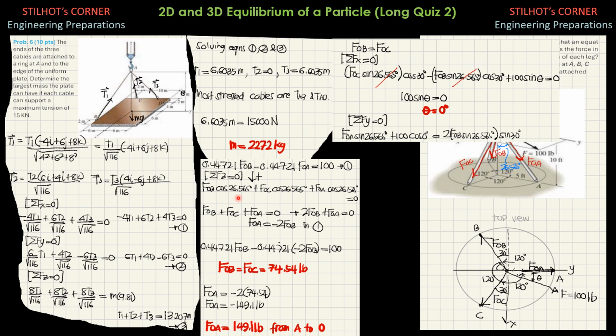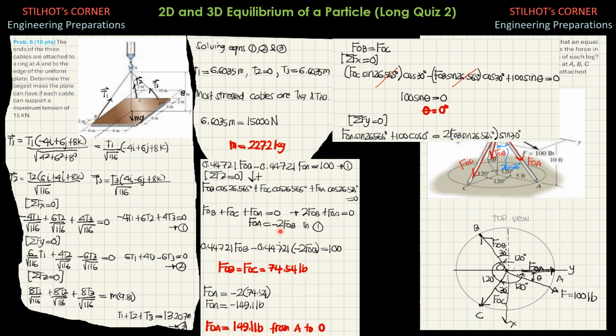So FOB cosine 26.565 degrees plus FOC cosine 26.565 degrees plus FOA cosine 26.565 degrees equals 0. The 100 pounds has no component along the z-axis. We divide everything by cosine 26.565 degrees, so we can cancel it, and write FOB plus FOC plus FOA equals 0. Since FOB equals FOC, 2 FOB plus FOA equals 0. So that means FOA is negative 2 FOB.